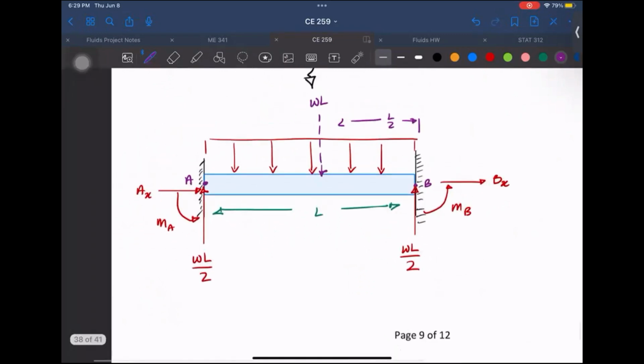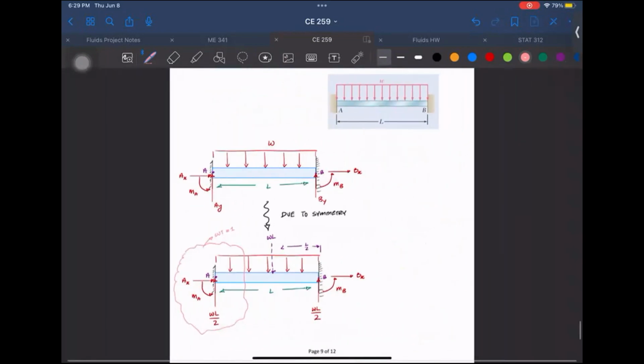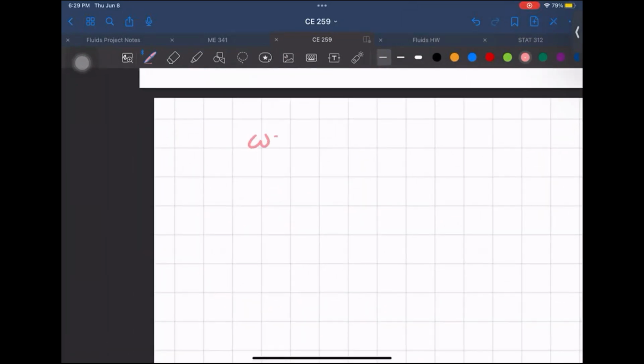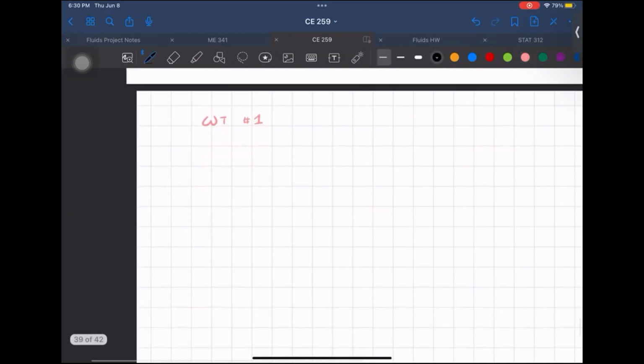So once you have that determined, you next do a section cut. We'll do a section cut about this end right here, something like that. We'll label that cut 1. If we draw a free body diagram of that cut, it would look something like this.